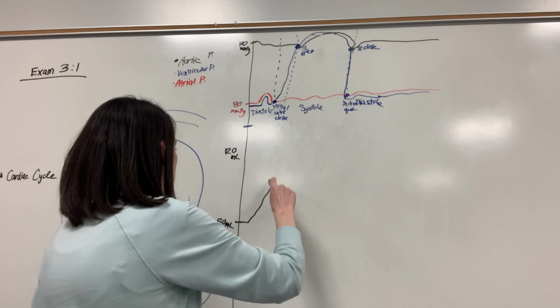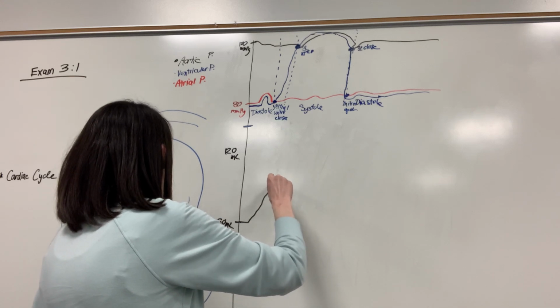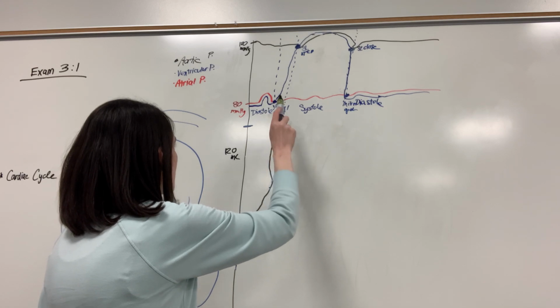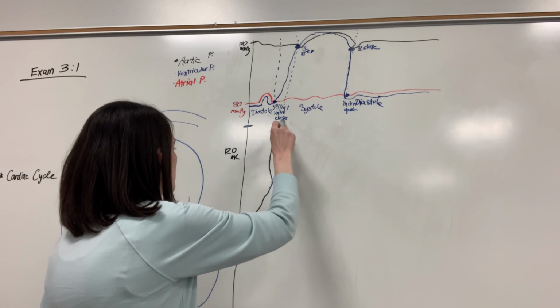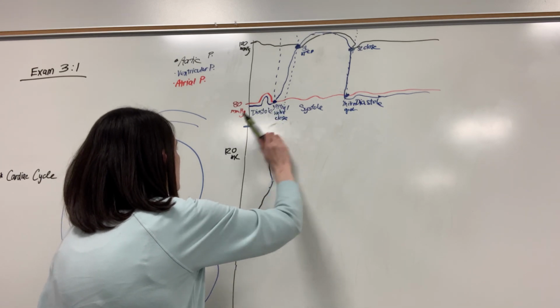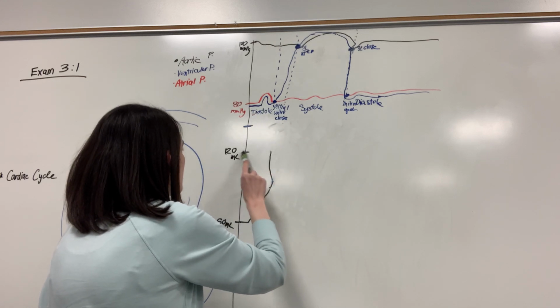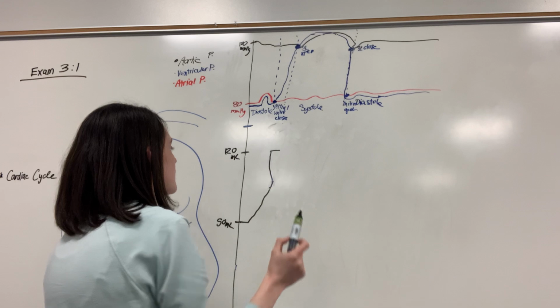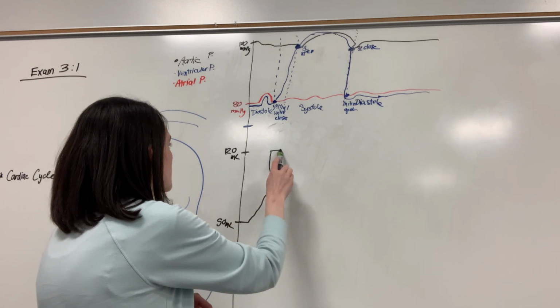Let me draw that a little bit better. So our mitral valve is going to allow blood flow to enter, and then as soon as it hits that point where the mitral valve will close, it's going to be, actually, let me draw that line. Okay, so this is our 120. So like I said before, isovolumetric contraction is where our volume is going to be the same.